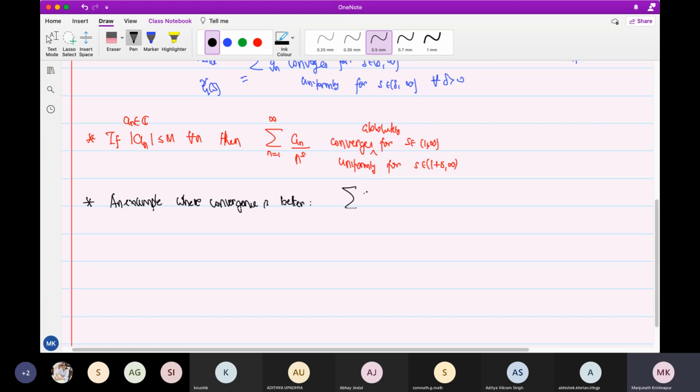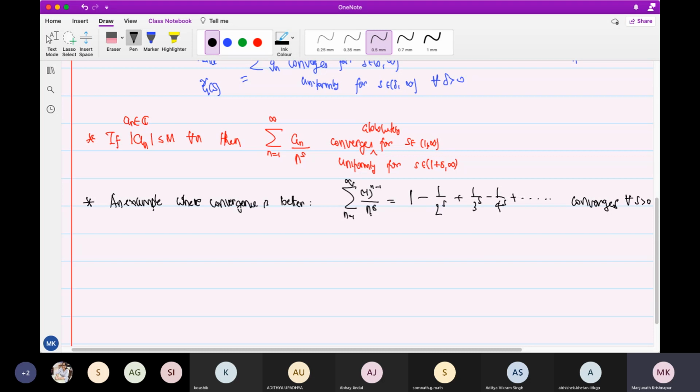If you take something like minus 1 to the n by n to the s, let me make it minus 1. So this is 1 minus 1 by 2 to the s plus 1 by 3 to the s minus 1 by 4 to the s plus and so on. Okay, so this actually converges for all s positive.